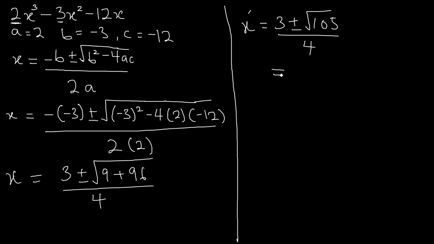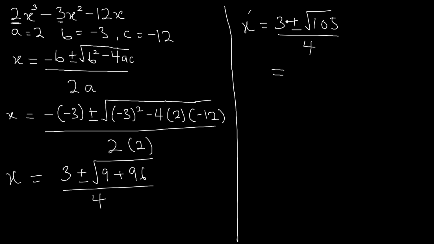So the next step is to just use your calculator. You first work with the positive, so you know we have plus or minus. You key everything you have here into your calculator, but the first try just use positive. So that will be 3 plus square root of 105 all divided by 4.